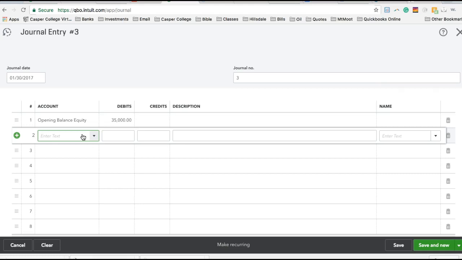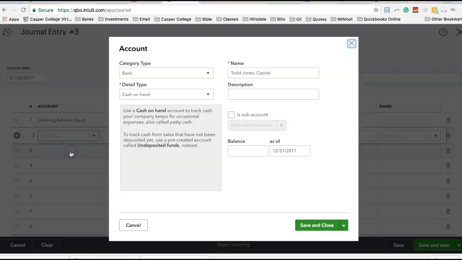That's me, and that would be you in your case if you're running the business or the owner of the business, and that will go into something that we call a capital account. So I'm going to make it very obvious, I'm going to name it Todd Jones Capital. Okay, it does not recognize that since we had not actually entered that capital account yet, or that equity account.